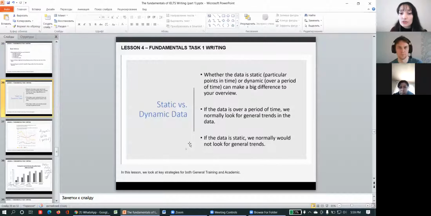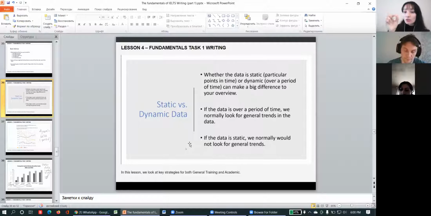First of all, when you look at, let's say, a chart or graph, you have to decide whether it's static or dynamic. Static is more about single things, okay? Whether the data is static is about a particular point in time. For example, 1966, and talk about this data in 1966 and in 1967.